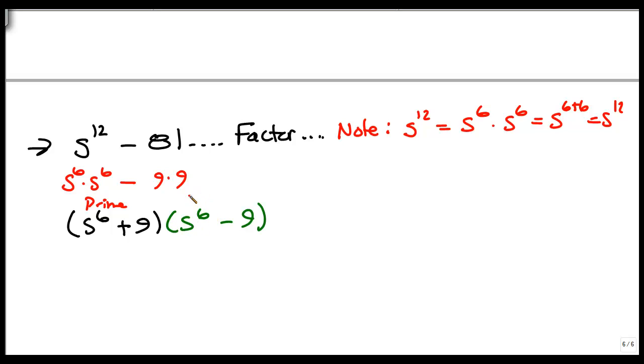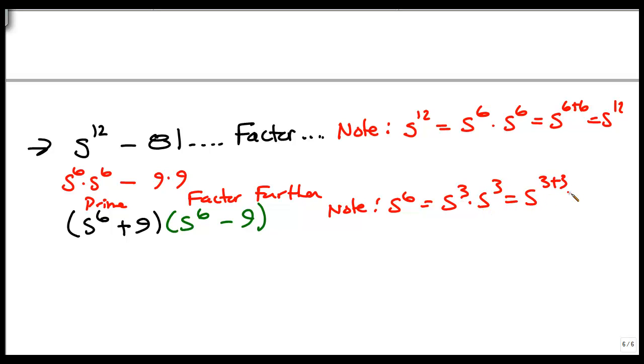This one is still the difference of perfect squares. I can factor further. Now the note that I want to make here, s to the 6th is equal to s cubed times s cubed. When you multiply like bases, you add exponents, and so I can see that the square root of s to the 6th is just s cubed. So here I'd have s to the 6th plus 9, and then this one factors further.